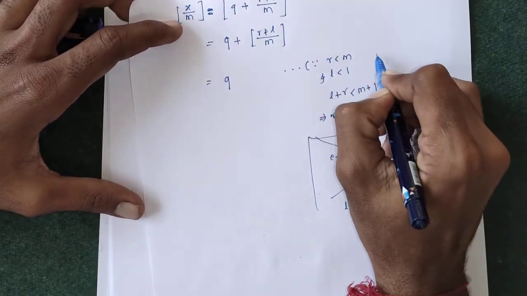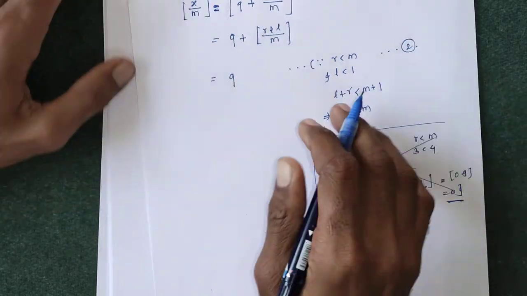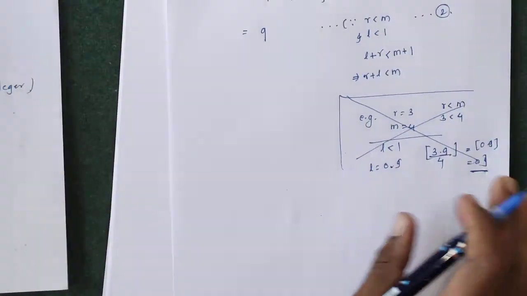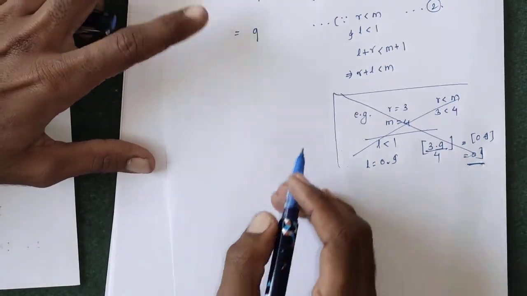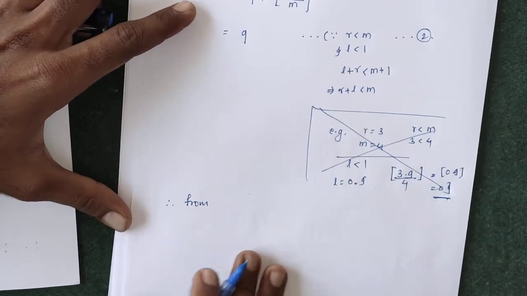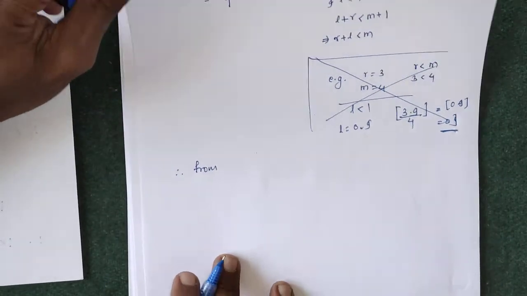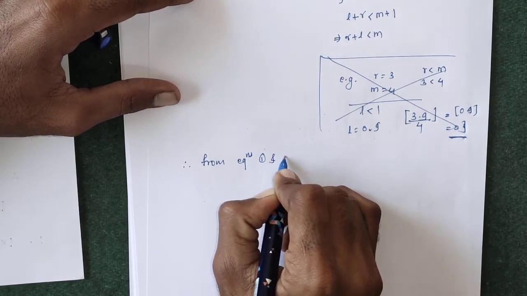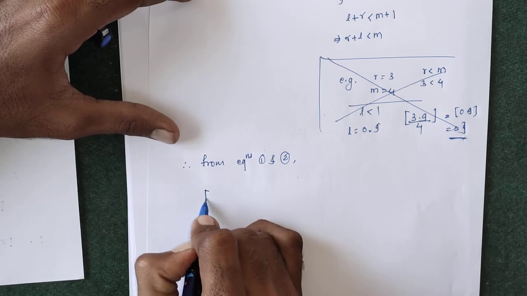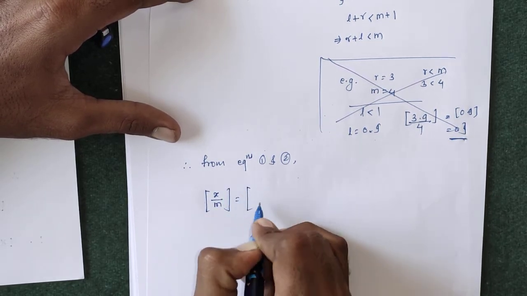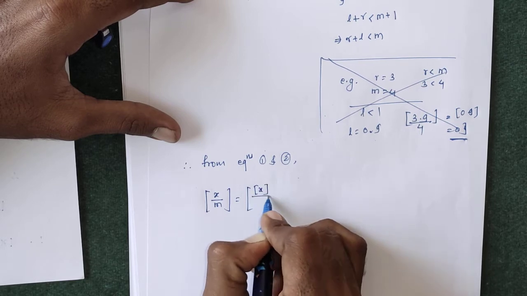So suppose this is equation number 2, and the previous one is equation number 1. From equations 1 and 2 I can write, we get the integral part of x by m is equal to the integral part of x by m.